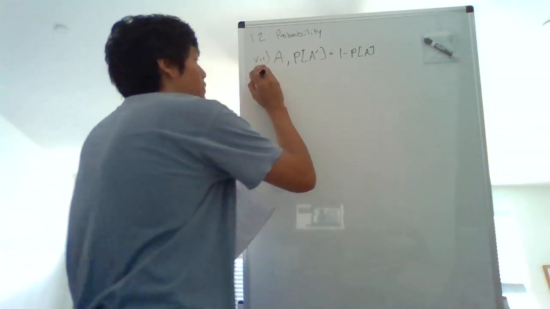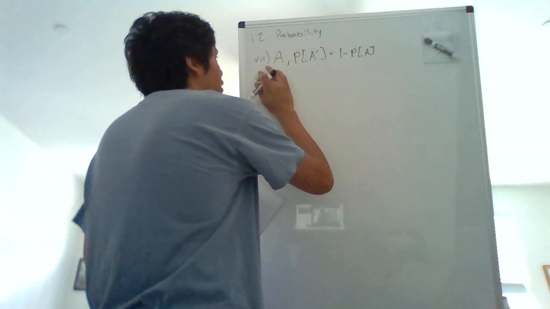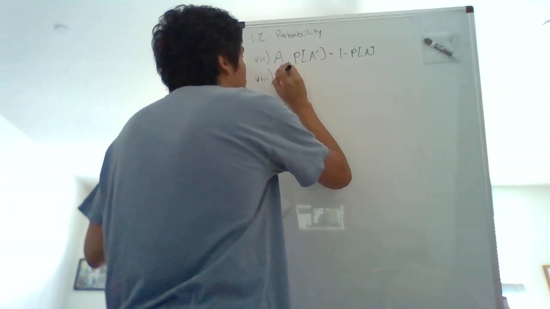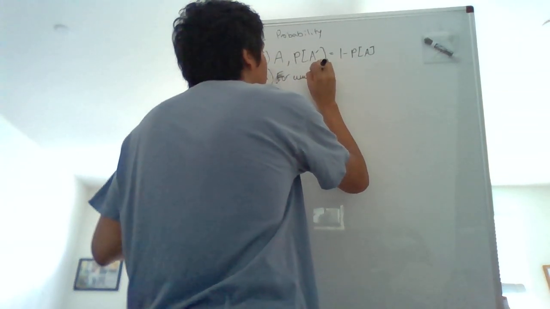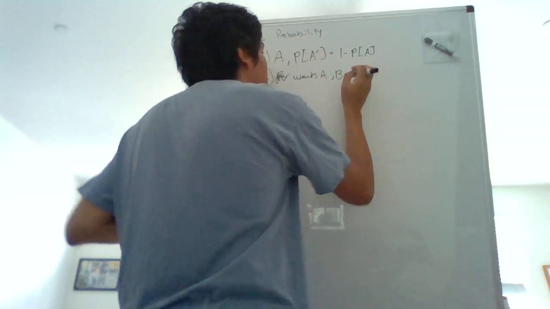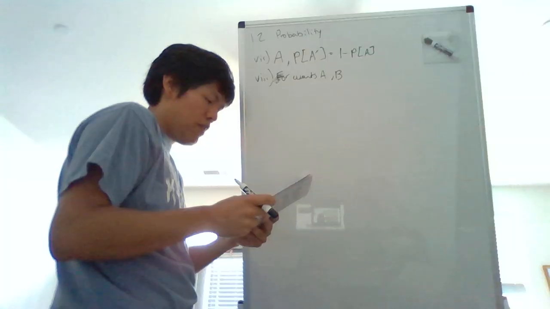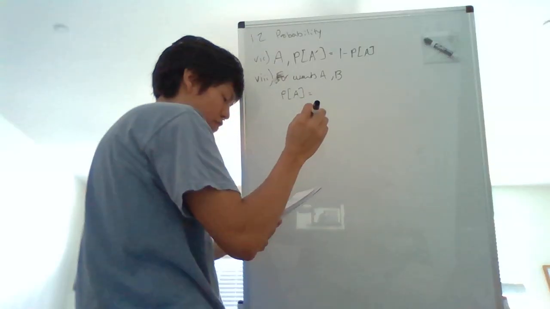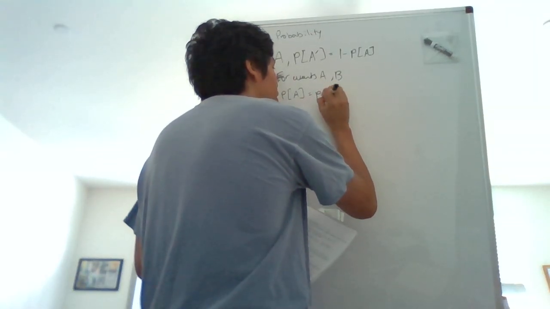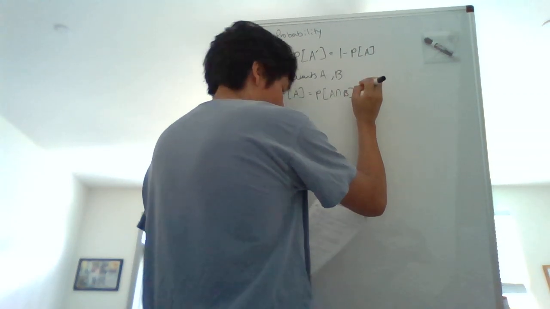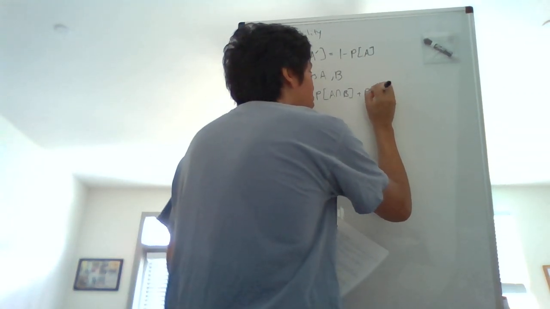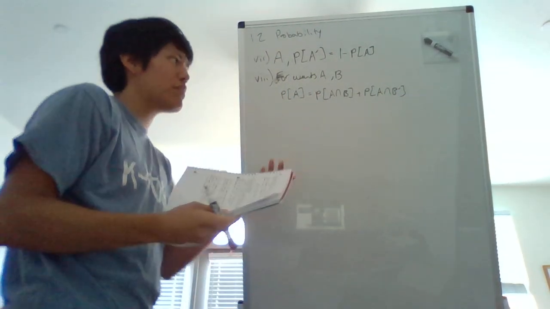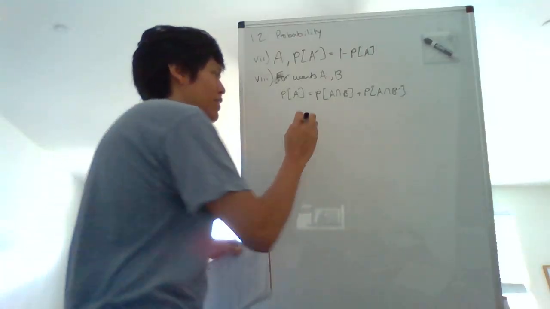Okay, for events A and B, the probability of A is equal to the probability of A intersect B plus the probability of A intersect B complement. So I can illustrate this using Venn diagrams.